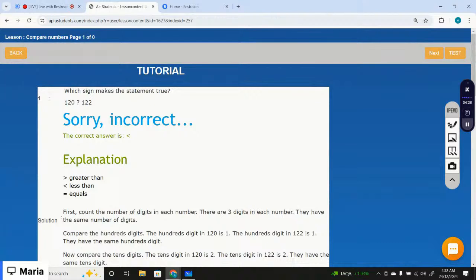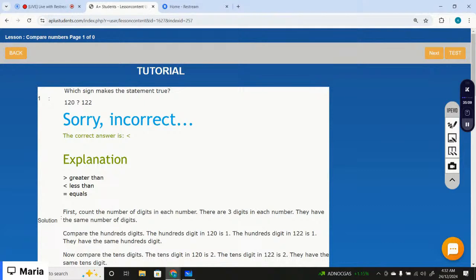Which sign makes the statement true? That is 120 and 122.